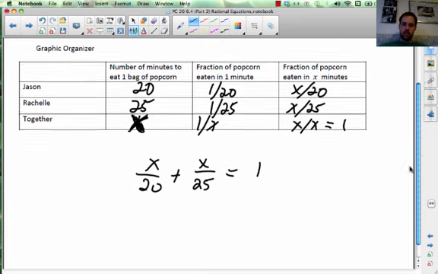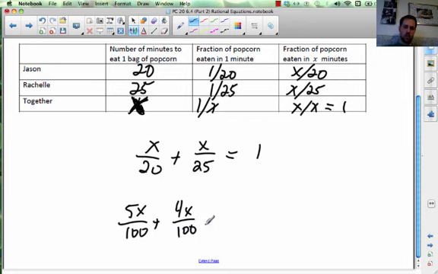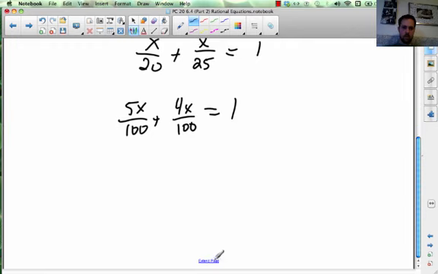Alright, find yourself a common denominator. 100 is your smallest one, so multiply this by 5, 5X over 100, plus this by 4, 4X over 100. And that equals 1.